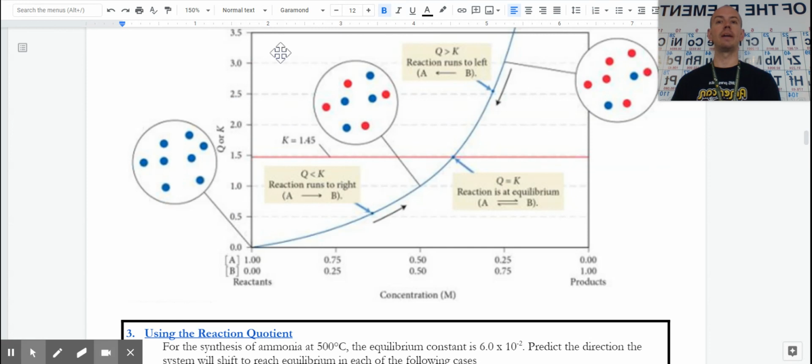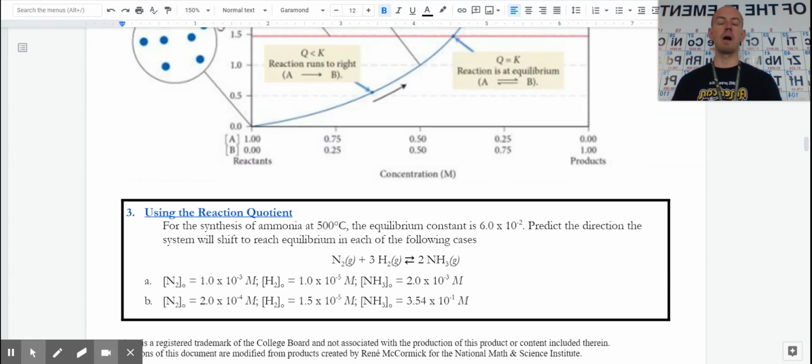We can have lots of different ratios of products to reactants, only one of which is my equilibrium ratio. So here's a practice problem that has you doing that in a couple different ways, doing the math, setting up your expressions, plugging the numbers in, and comparing your Q's to K.